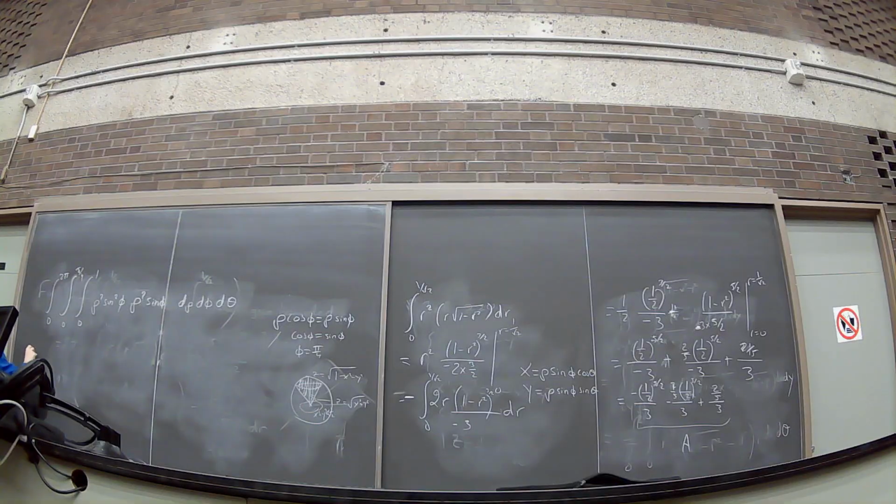So I have a 2 pi. And then I have a 1 over 5 rho to the 4th.